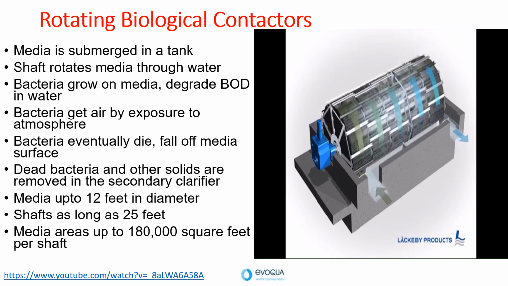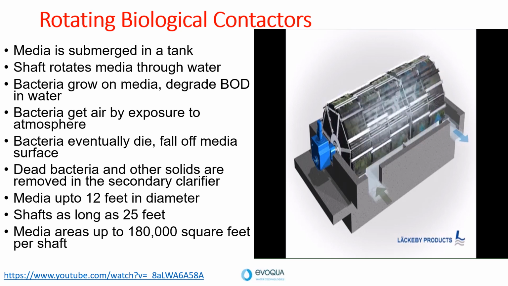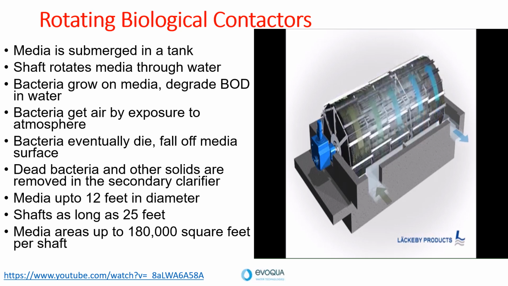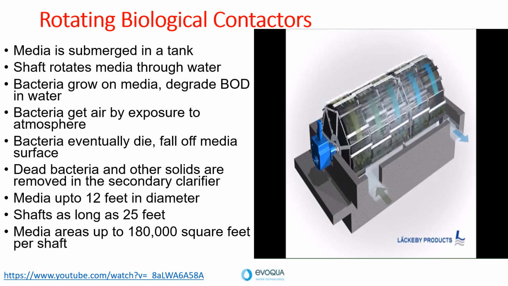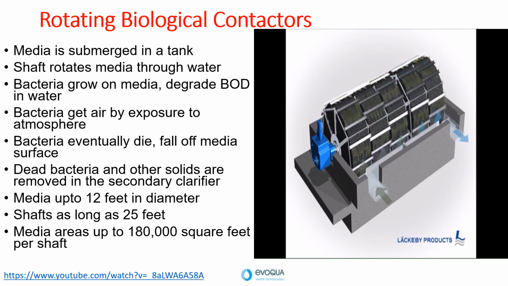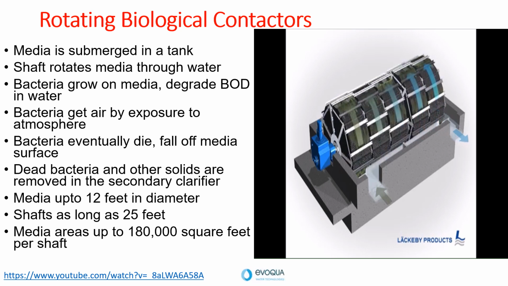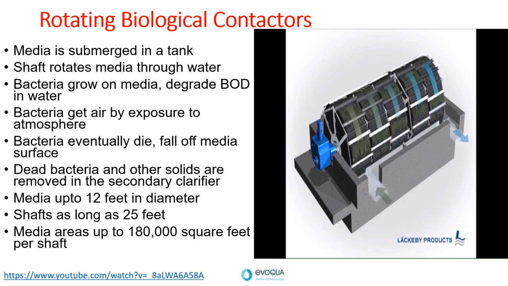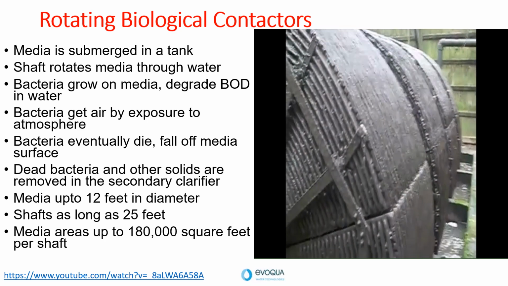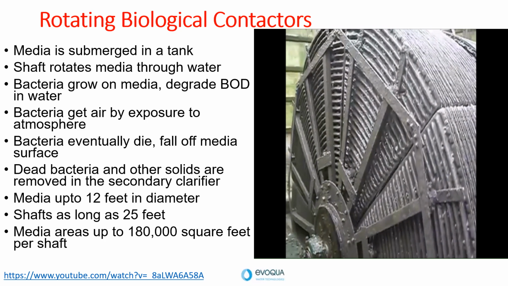When it is unsubmerged during the rotation, it takes oxygen from the air for the metabolic process. And when the disc enters into the wastewater, it acts on the BOD, uses it as a nutrient for its growth.